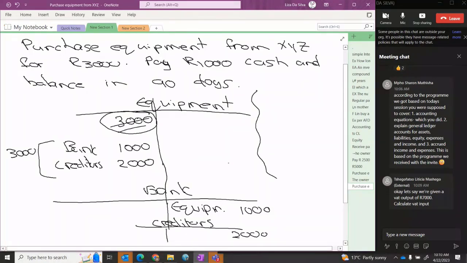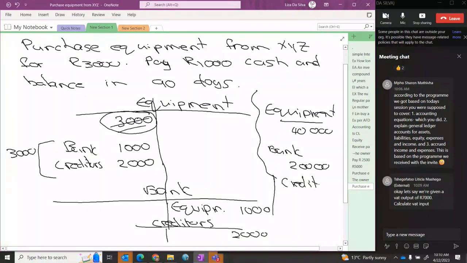Say they gave you the trial balance. Let's say for equipment, the balance was 40,000. They say that your bank is, let's make it 20,000, and creditors, and they don't give you a balance, they don't tell you if it's debit or credit, let's say 5,000.